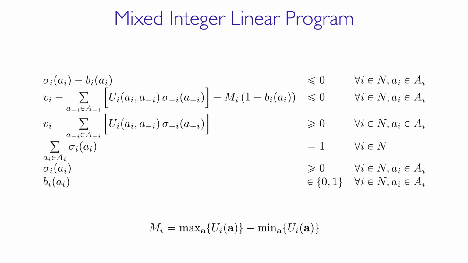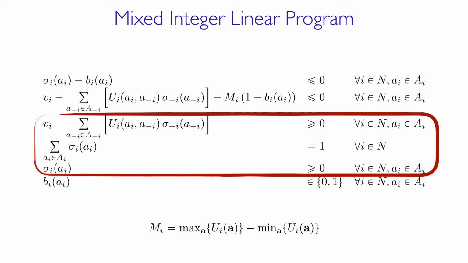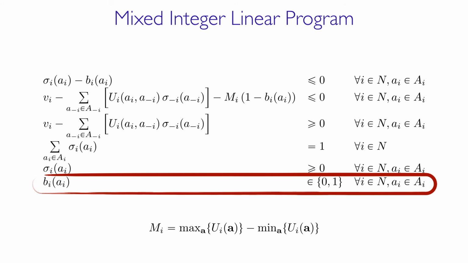Here we have a mixed integer linear program finding a Nash equilibrium in two-player games. Thus, we can solve it by using commercial solvers. This set of constraints is the same we have in the linear complementarity problem. We have a new set of variables, b_i, one variable per action, that can assume binary values 0 or 1.